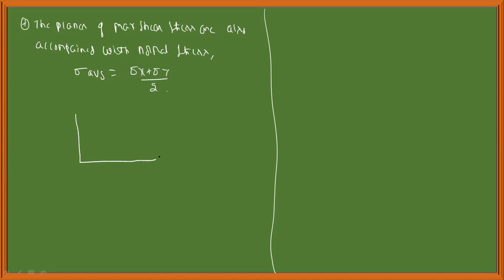I'll take a general, standard case. This is my x, this is my y, my theta p1 is positive. It is theta p1, and sigma x minus sigma y is positive. This indicates this is theta p1, this is plane p1, and perpendicular to that will be plane p2, so that this angle will be theta p1 plus 90 degrees.